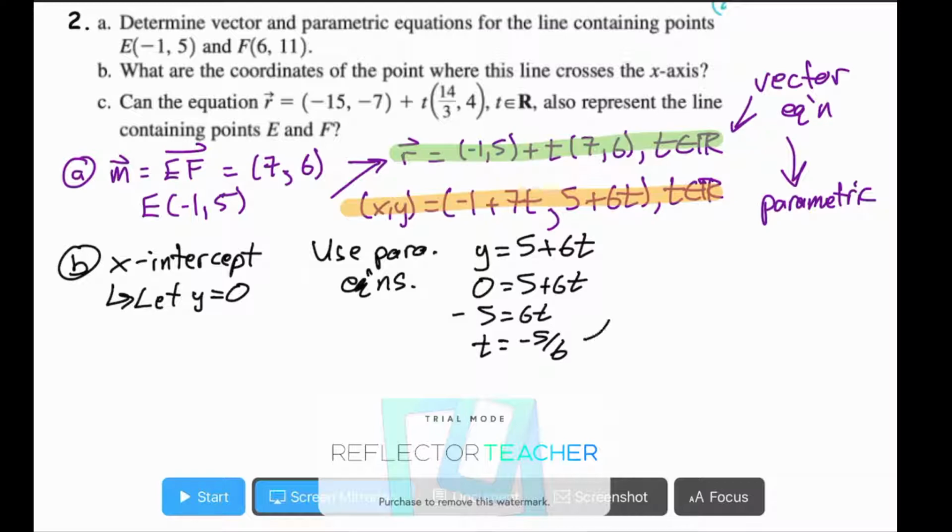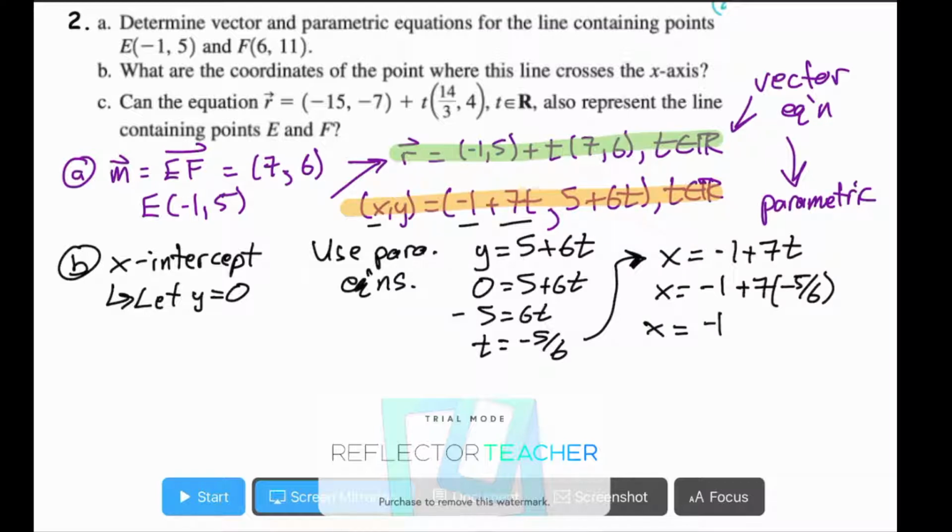Let's plug that t value into the parametric equation for my x component and find the x value. So we know our parametric equation from up here, x is -1 plus 7t. We just said that t is -5 over 6, so x is equal to -1 plus 7 times -5 over 6. So x is -1 minus 35 over 6, or x is -6 over 6 minus 35 over 6.